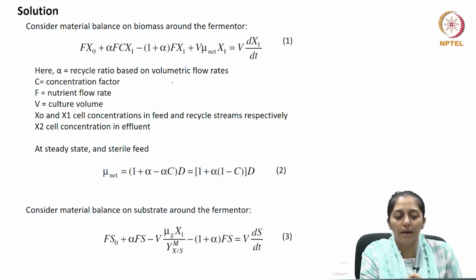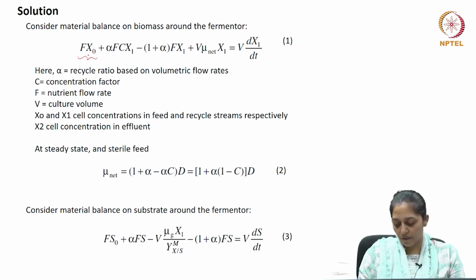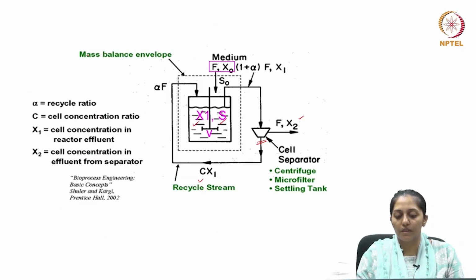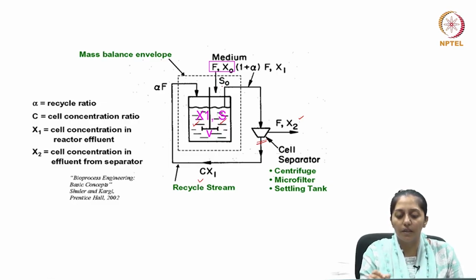So, if we do the material balance, then F X naught is the rate at which the biomass is coming inside the reactor. In the schematic, F is the flow rate of the feed inside the reactor, X naught is the feed biomass concentration, and S naught is the feed substrate concentration.